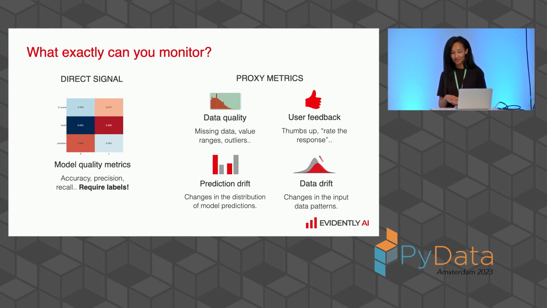But unfortunately, it happens pretty rarely, and in many cases we just do not have this direct signal without any time delay. And unfortunately, we need to come up with some other metrics, and here we have some proxy metrics. In most cases, the data quality metrics do really help because, well, if there is something wrong with the data, then probably the model might react somehow unexpectedly.